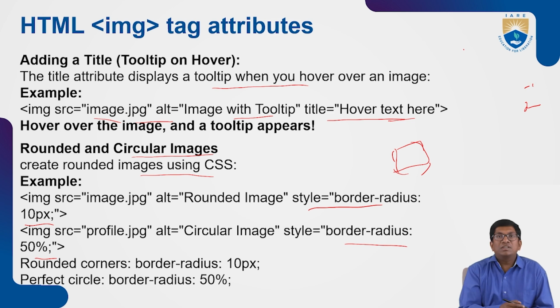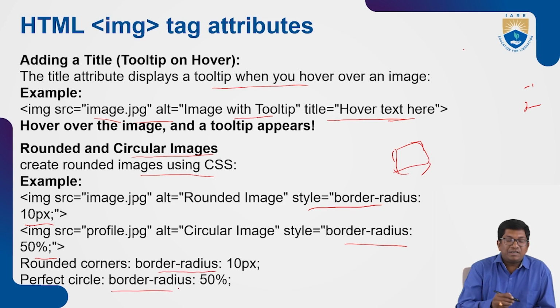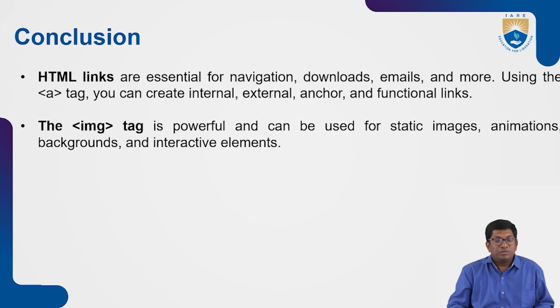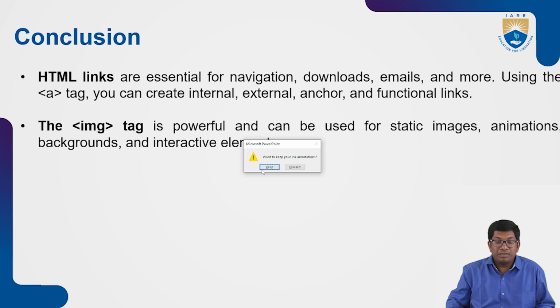All these attributes we'll discuss with examples. So rounded corner is border-radius 10 pixels. If you want a perfect circle, then you have to use border-radius equal to 50%. We'll see simple examples of how to use the img tag and HTML links.